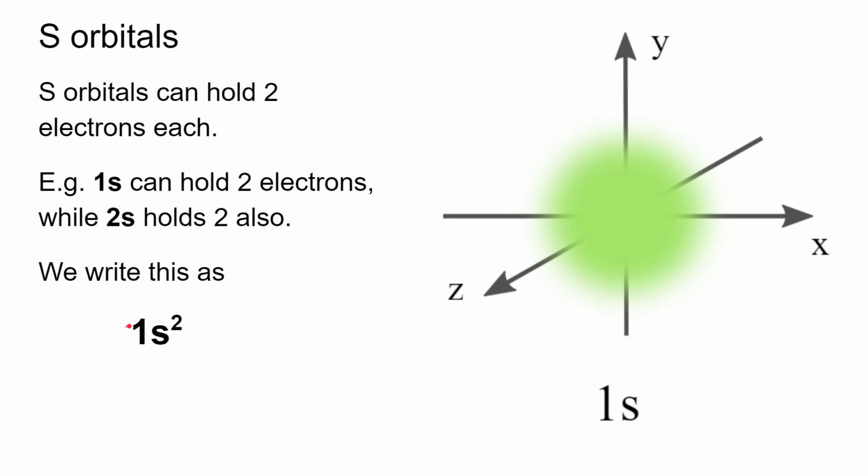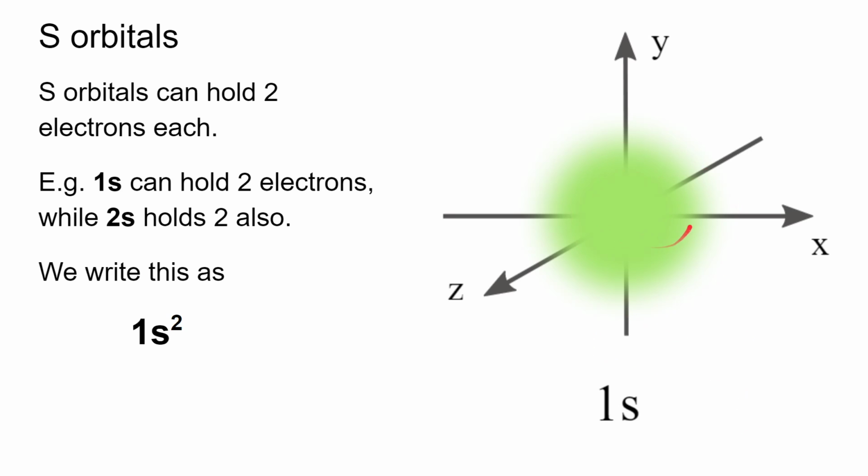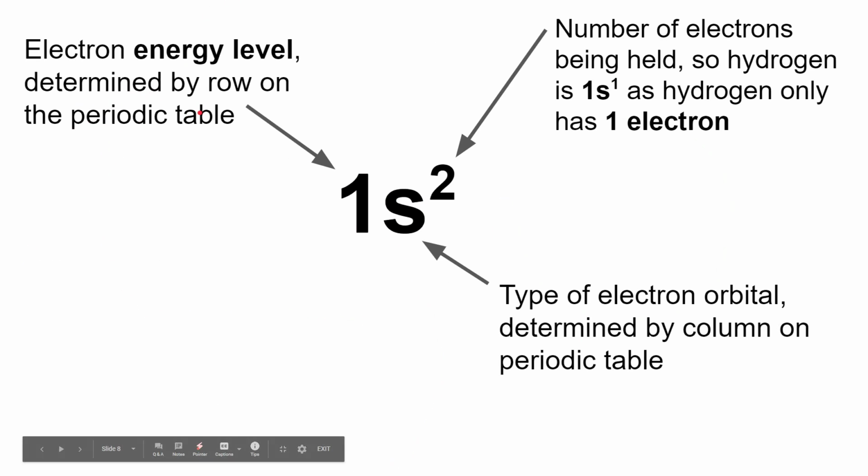What this tells me is we've got energy level 1 in our s orbital holding 2 electrons. Okay? And this is our 1s orbital over here. So in this little sphere, we can have 2 electrons. Write it down in your book. You don't have to draw this. Just write this part down.